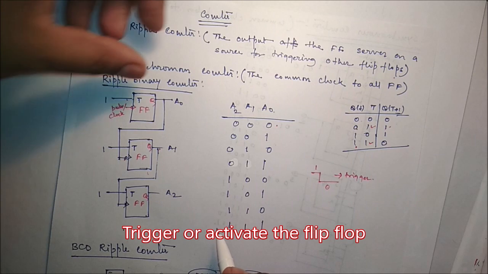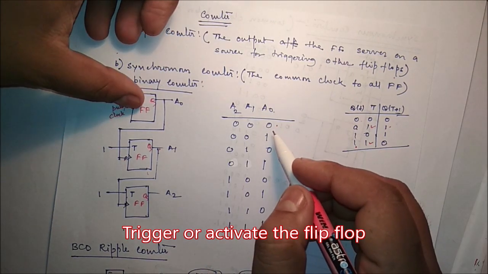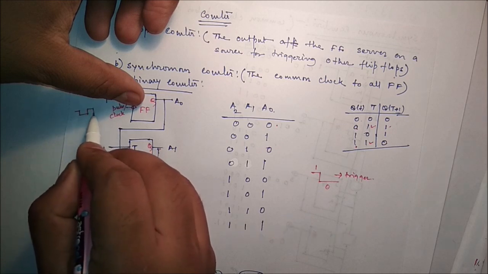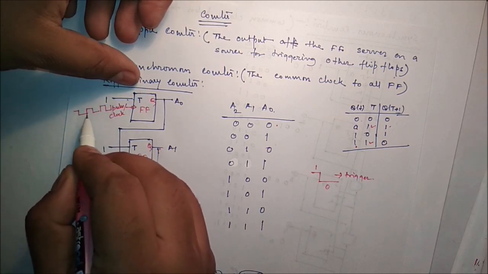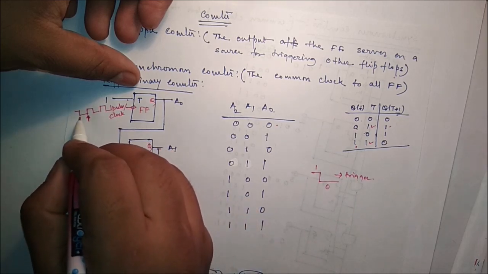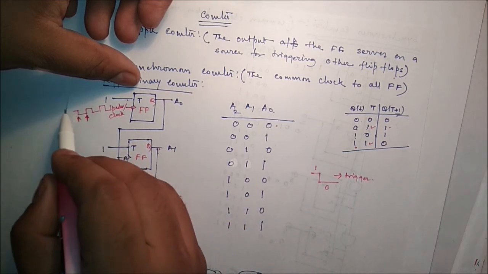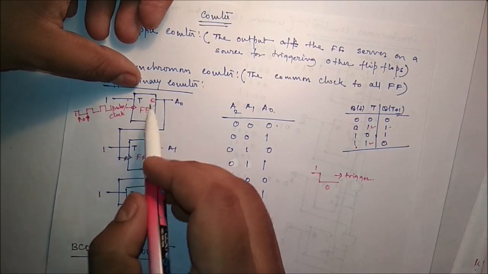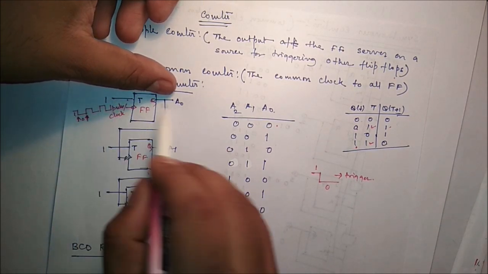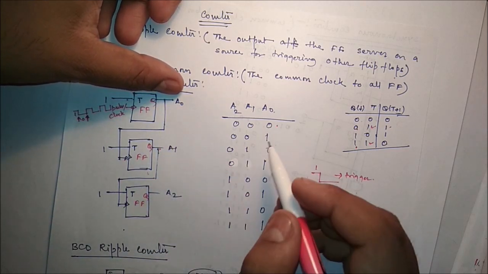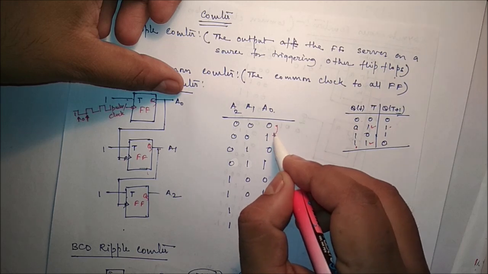Now you can see here, first a negative edge clock pulse is there, say pulses are like this. At the time of this particular part, if it goes from 1 to 0, it will change the state of the next stage, so it will change the content of this A2, moving from 0 to 1.